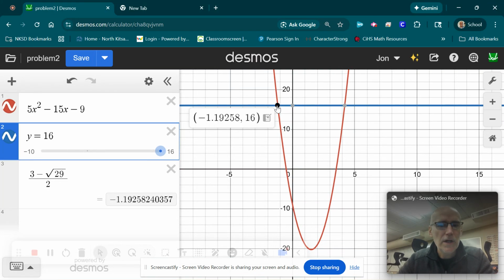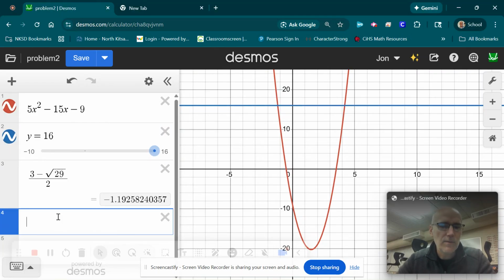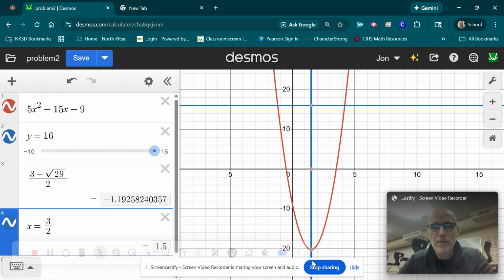Because what's the line of symmetry? The line of symmetry is the 3 halves part, right? So if I put x equals 3 halves, here's the middle of the parabola. If we go to the right by the square root of 29 over 2, and to the left by the square root of 29 over 2, it's going to tell us what the 2 roots are, or the solutions to my equation, right?